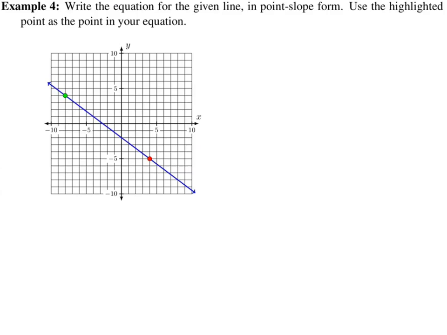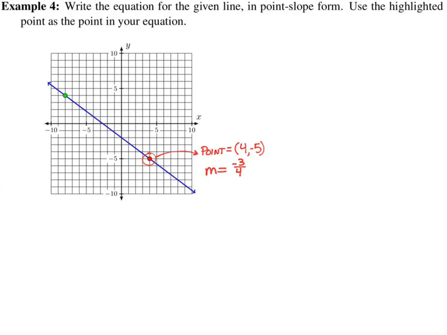Now here it says, write the equation for the line, use the highlighted point as the point in your equation. There are actually two highlighted points. I'm going to do the same thing twice, but the equations will look different. So first with the one that's red, our point there is at 4, -5, and the slope is -3/4.